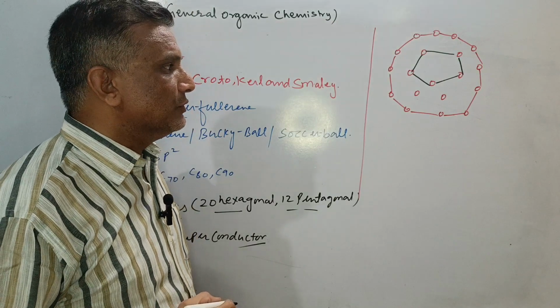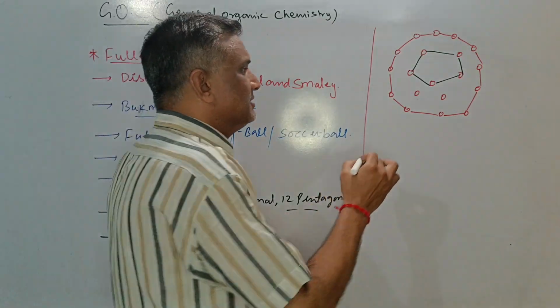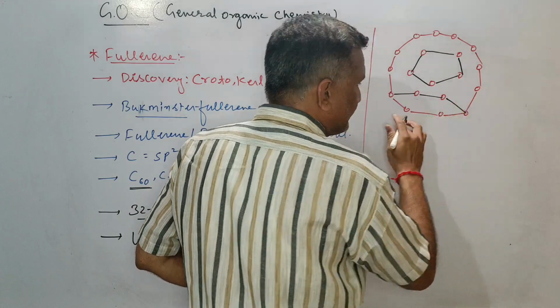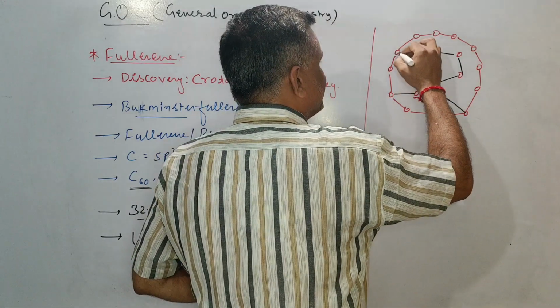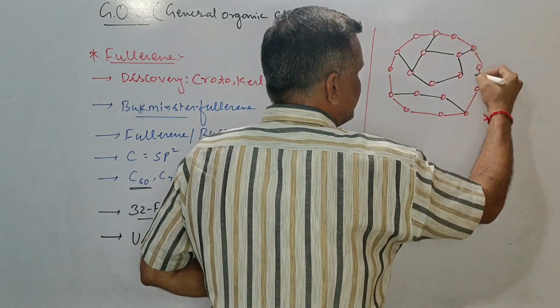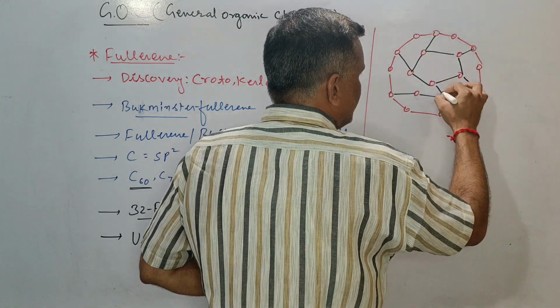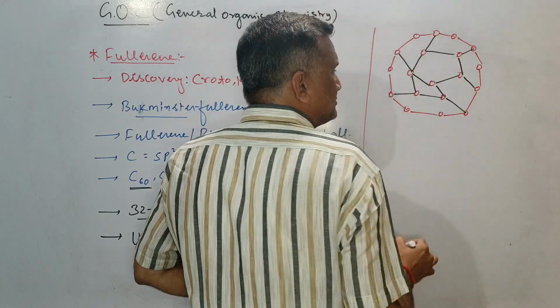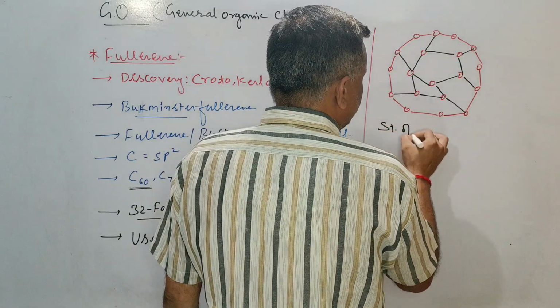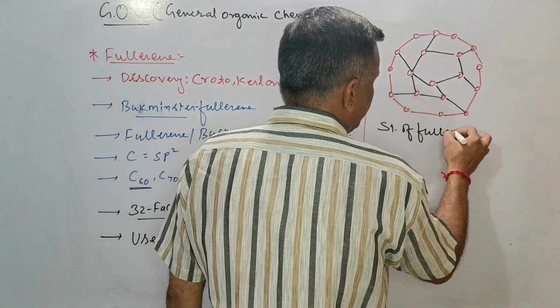If you want to show the hexagon also, then this is the hexagon, and the rest will be as follows. You can make them as follows, as follows, and as follows. So this is the structure of fullerene.